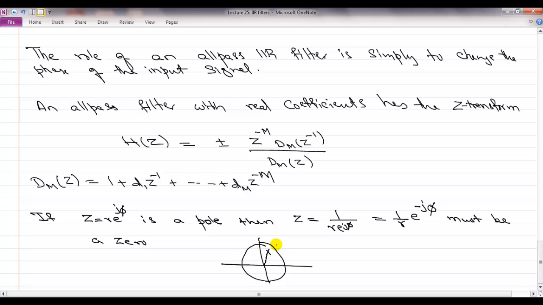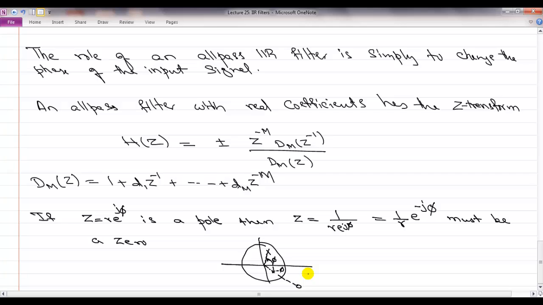So my zero is outside the unit circle. And if the angle of the pole is phi, then my zero's angle must be minus phi. So I get a zero here. I have a pole here, and correspondingly a zero at the negative angle at a distance 1 over R. That's the condition for all-pass.